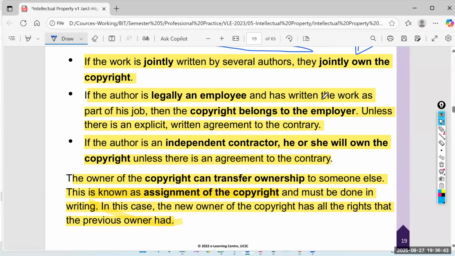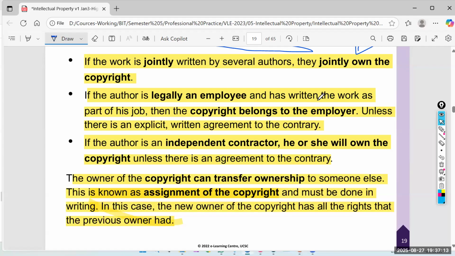And also if you write some code as part of your job or profession and you get paid a salary, then you don't have the copyrights unless your employer has mentioned it in your contract. Typically the copyright goes to your employer, your organization or company, not to you, because you are an employee.